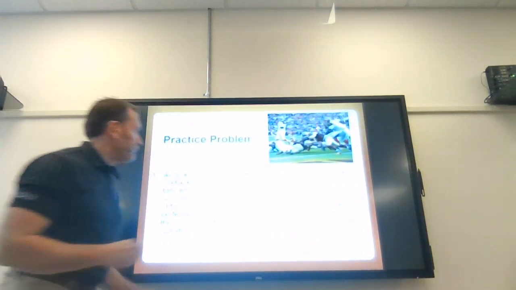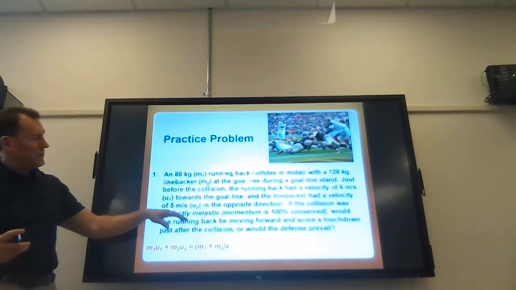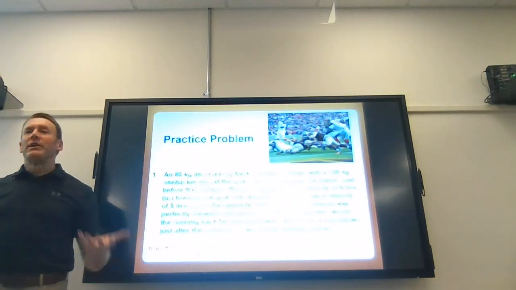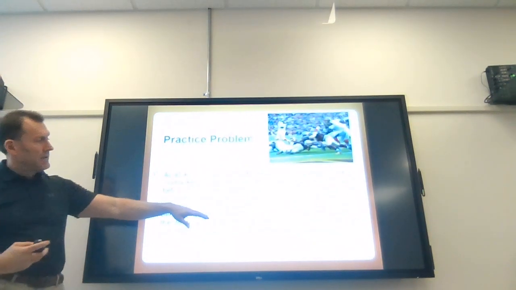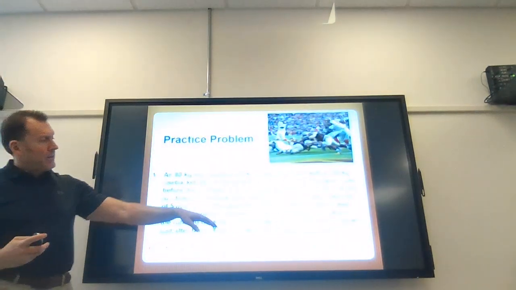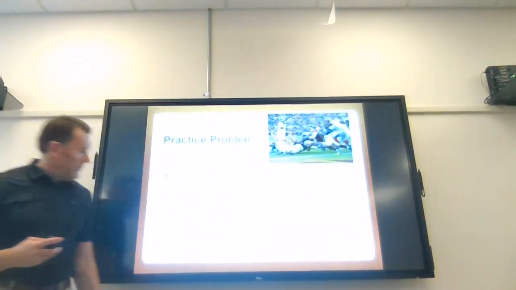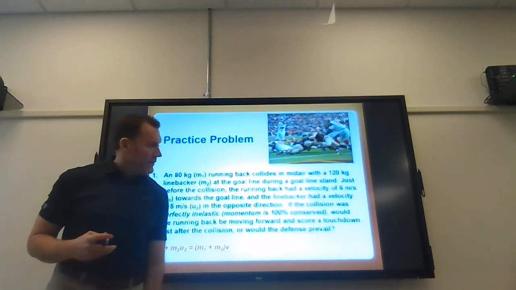Okay, so let's keep reading here. If the collision was perfectly inelastic, so not really, but for our case at this point, we'll say it is, momentum is 100% conserved. Would the running back be moving forward and score a touchdown just after the collision, or would the defense prevail?